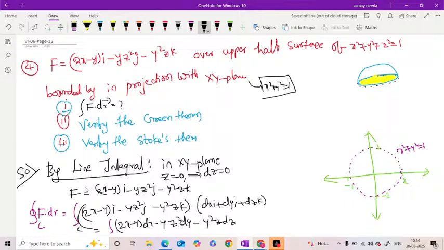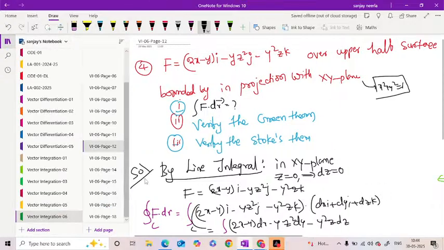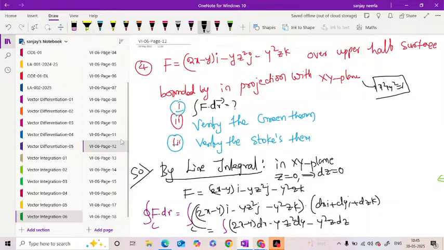Taking the line integral F dot dr, (2x minus y) i minus yz square j minus y square z k dot dx i plus dy j plus dz k. After the vector dot product of these two vectors, we get the integral of (2x minus y) dx minus yz square dy minus y square z dz.